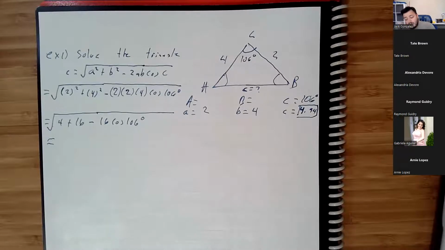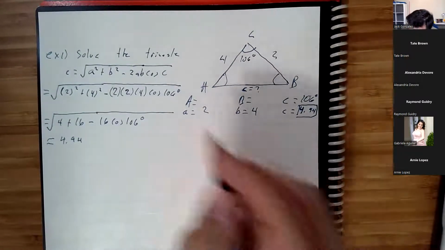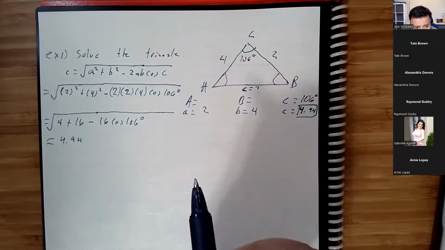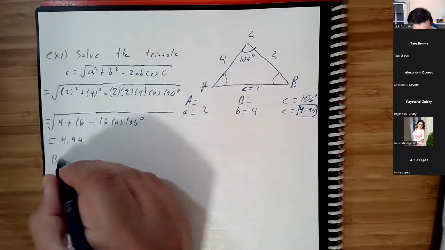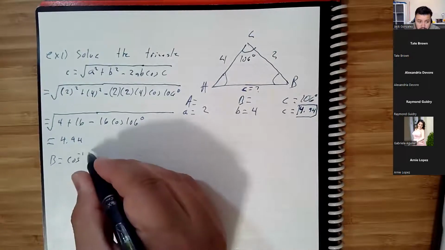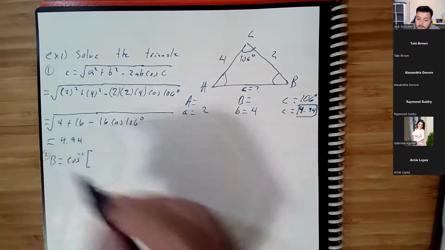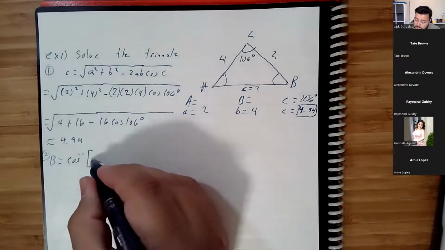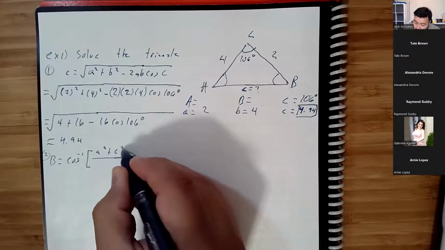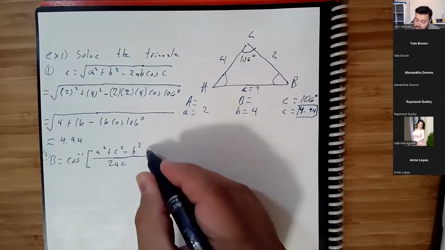Then I'll have all 3 sides. 4.94. So now we can find any of the angles. Let's go ahead and find, I guess, capital B. So capital B, and the formula that I gave you was cosine inverse of a squared plus c squared minus b squared over 2ac.